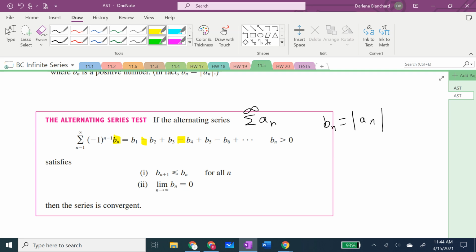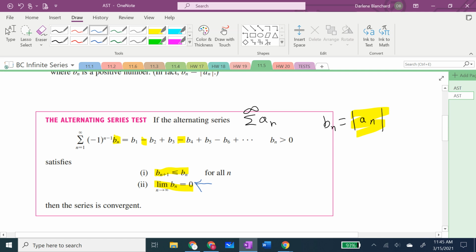And all you have to do is, once you state that you have an alternating series, take its absolute value, and two things have to happen. And I would advise that you check this one first.